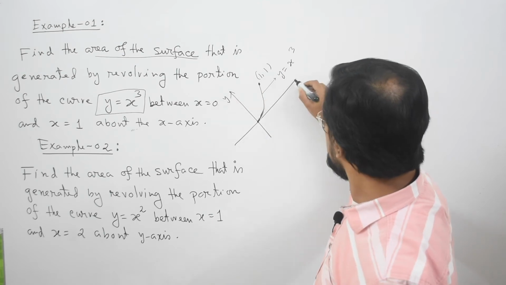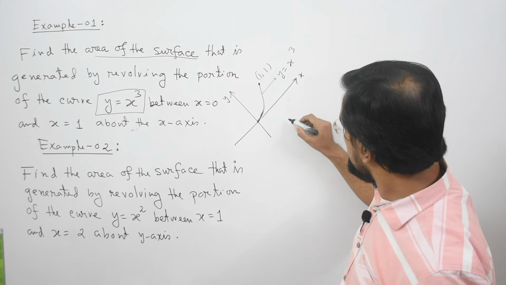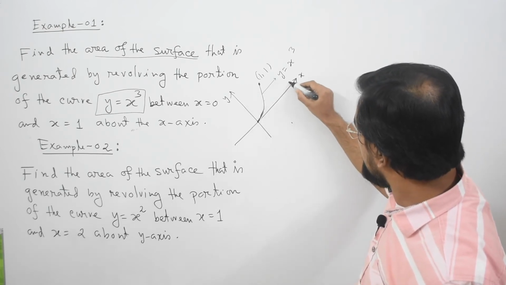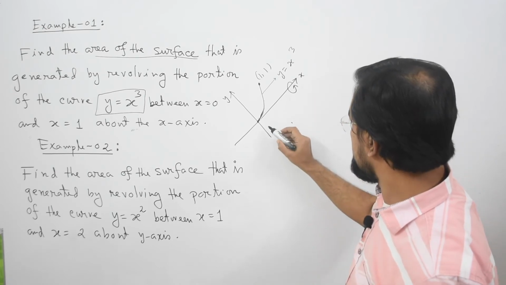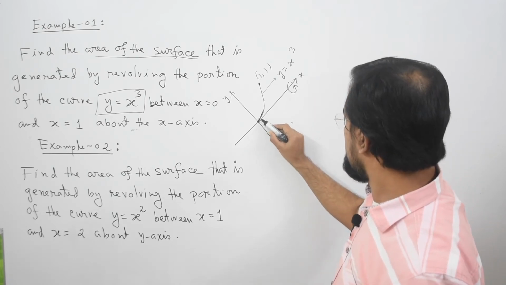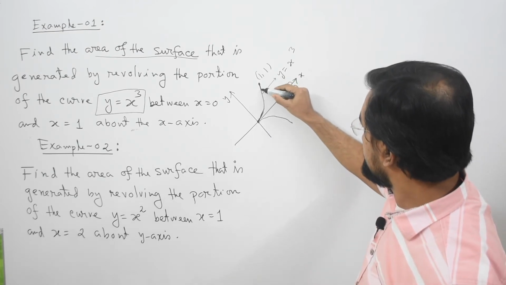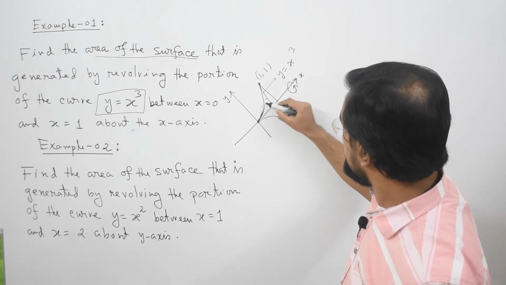This is our axis notation. Now if you revolve this portion of the curve about the x-axis, then you will get a solid material with empty interior like this.